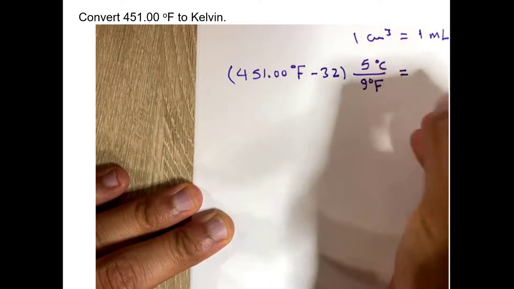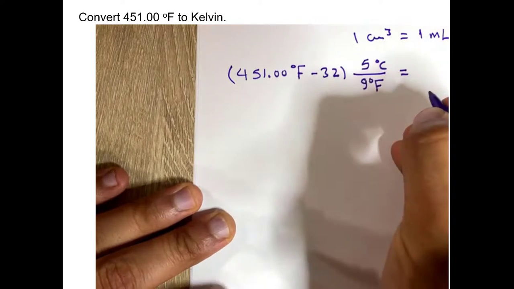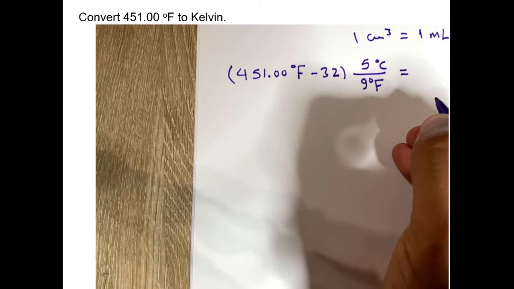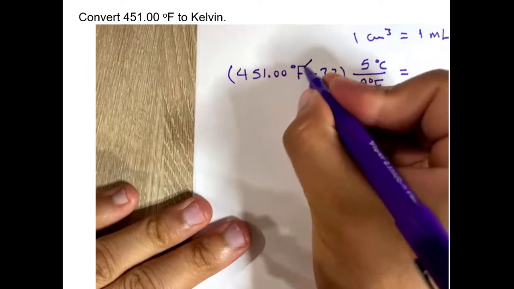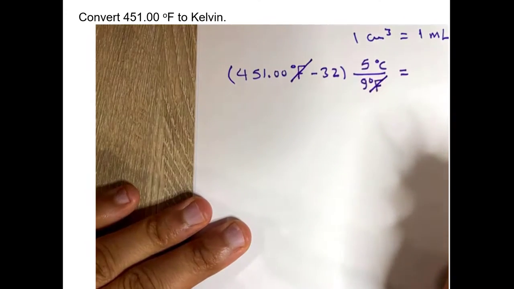That should give us the number in Celsius, and we can clearly see that Fahrenheit will cancel out with Fahrenheit in this conversion.